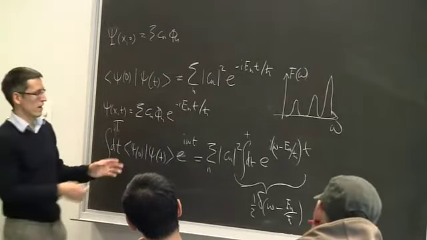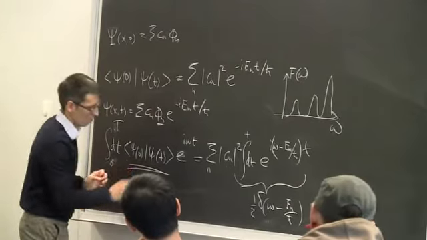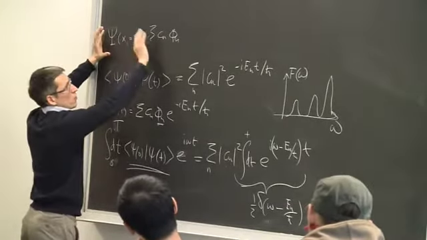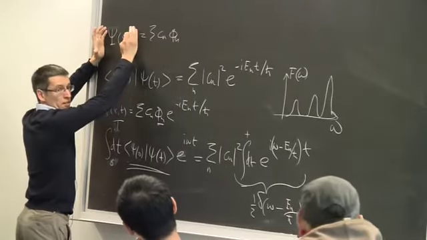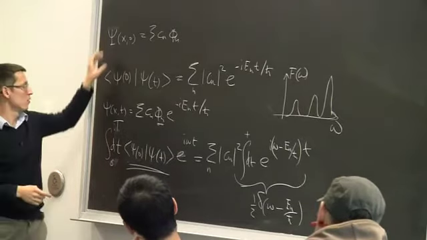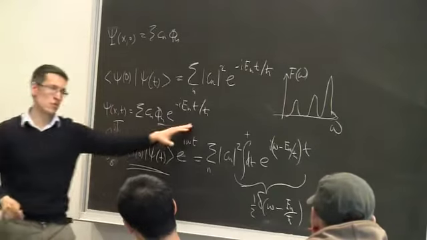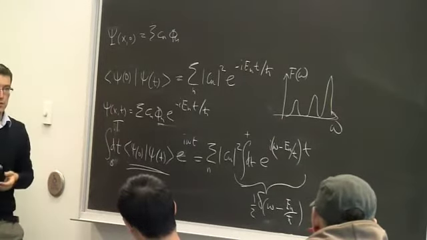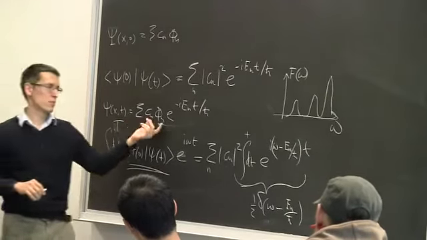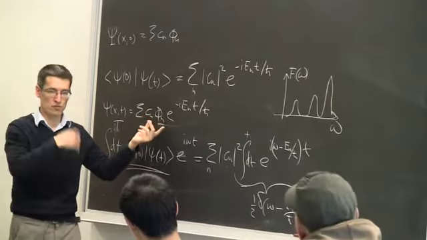Nowhere here do I actually need these phi n's. To obtain this quantity, if I have this object, not even expanded, I need to know how to so-called propagate it, or obtain what the object at the later time will be. And for that, I don't need to use this expansion. There are other methods, like the time-dependent variational principle. Essentially, you do not represent your function as an exact linear combination of eigenfunctions of the time-independent problem.